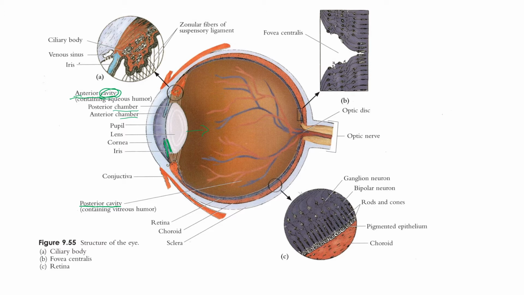We mentioned yesterday this front part of the eye, the white part of the eye, is the sclera, and as it comes around front, very anterior in the eye, it loses its white color and changes to clear, and that is the cornea.